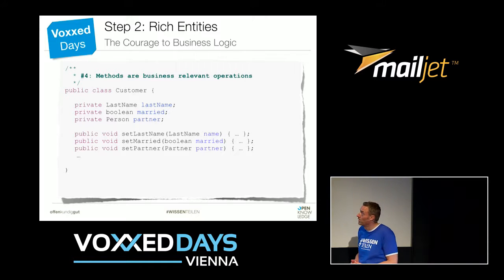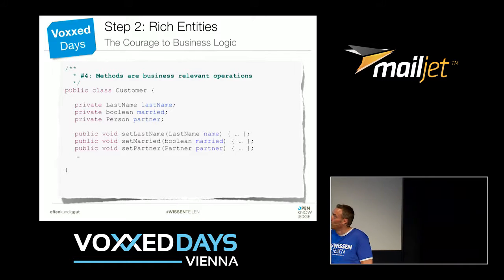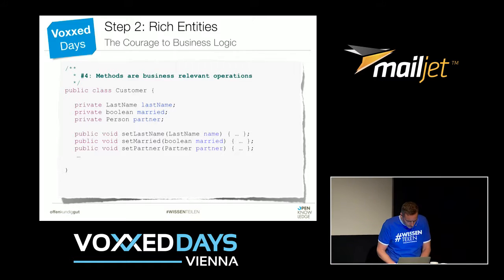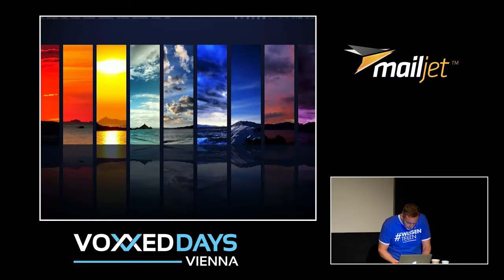Here we have something like a customer with the last name, a state if he or she is married, and a person which could be a customer or not. It's not so important in this case. And then if this customer will marry, let's assume it's a person.